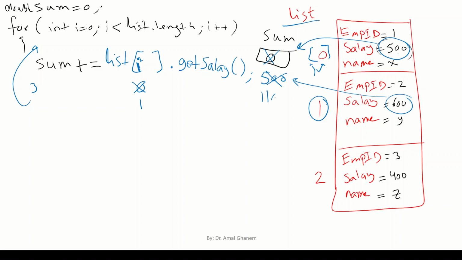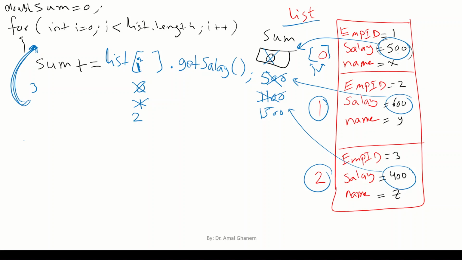So this will be 1100. Once we go back to the loop, it will be location 2. So go to location 2, get the salary 400, and add it to the sum. So this will be 1500. And then when you go back, this is the end, and you finished all of the elements.